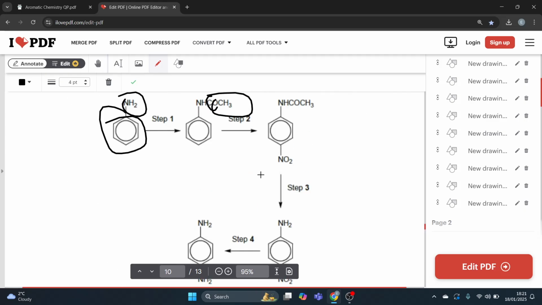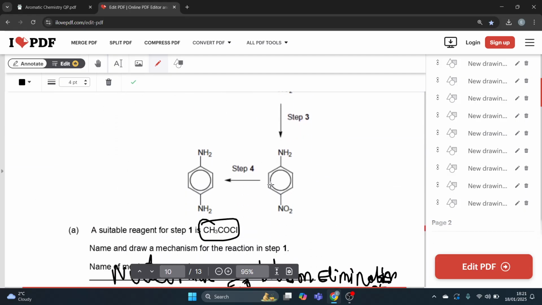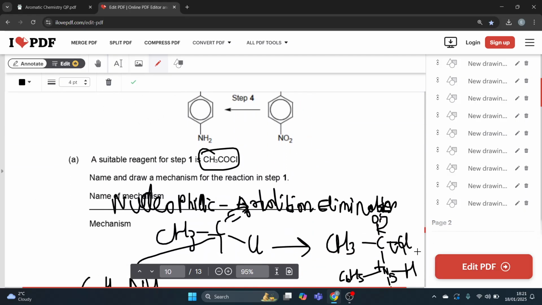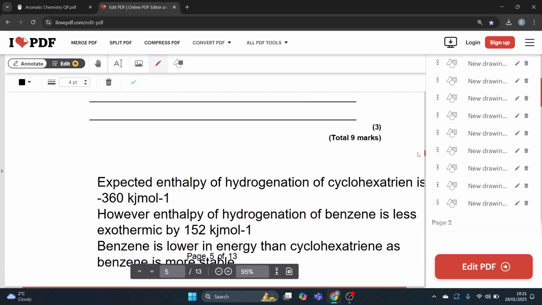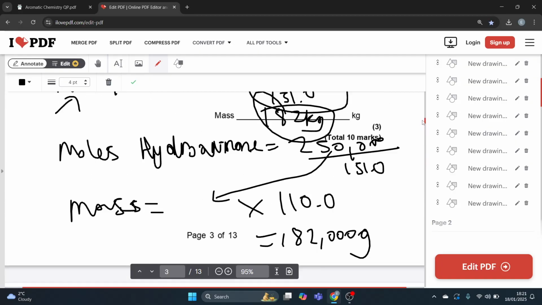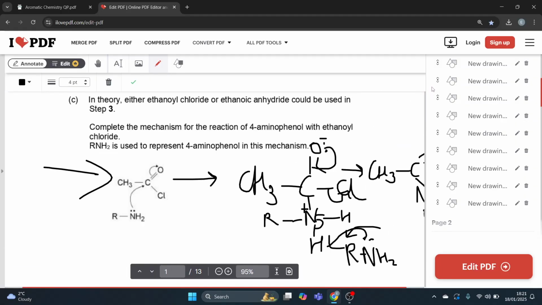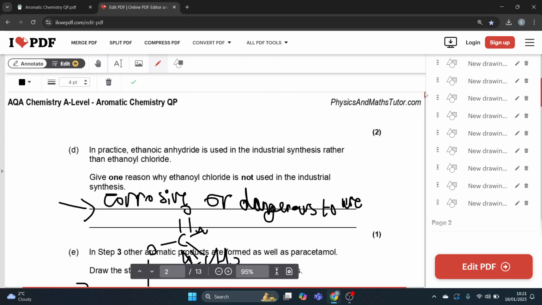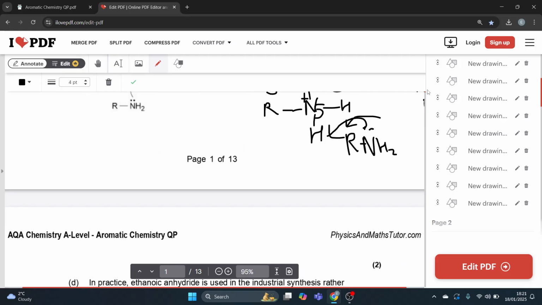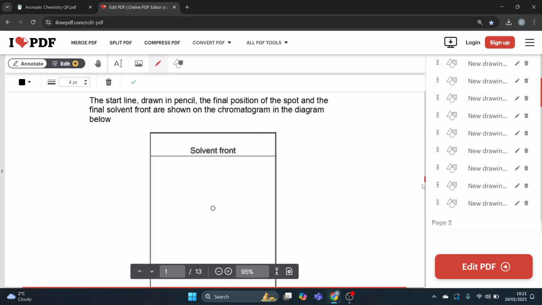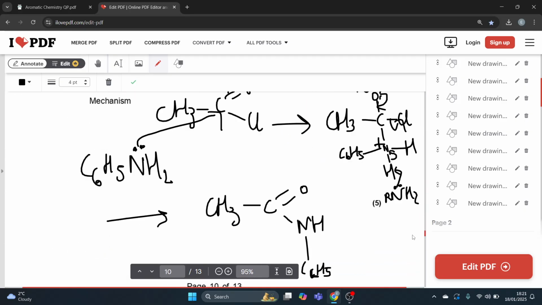If I scroll up a couple of questions, we've gone through literally this exact same mechanism. I think it was question 1 or something. No, was it? Yeah, here. Literally the nucleophilic addition elimination. Same steps, and how many marks is that out of, part C? 2 marks, and in this case, literally the exact same.